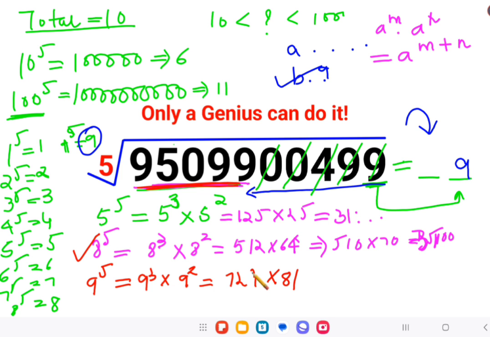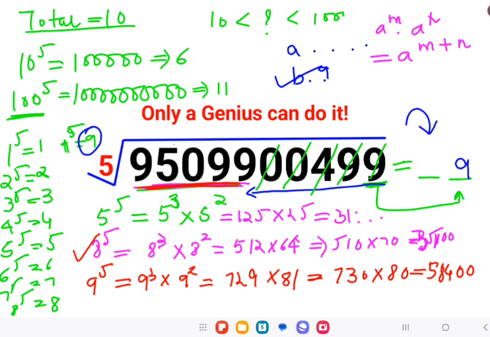You can write this as 730 into 80, I am just trying to round it off. It cannot be your real answer, but we can check whether it is greater than 95,000 or not. I don't need the exact answer for this one. So this is 4 to carry, 56 plus 2, 58. So 58,000 is of course closer to 95,000, obviously much closer than 8 raised to 5.